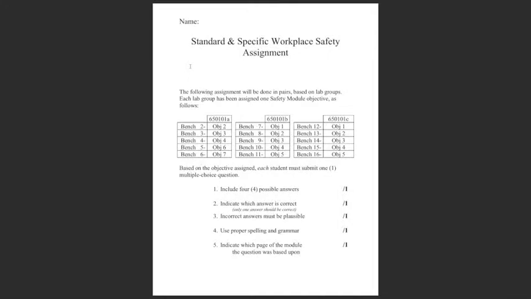So I split them up into pairs and assigned each group one of the chapters in the book, and then I gave them their rubric, explaining what I was expecting from each of their multiple choice questions.